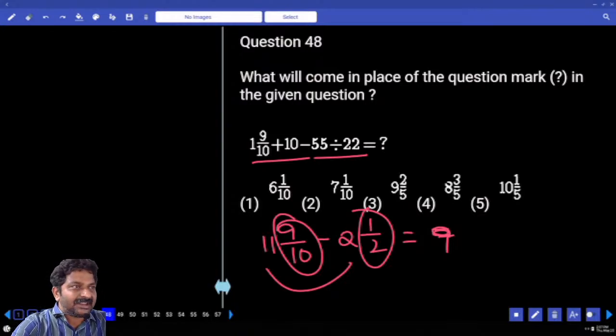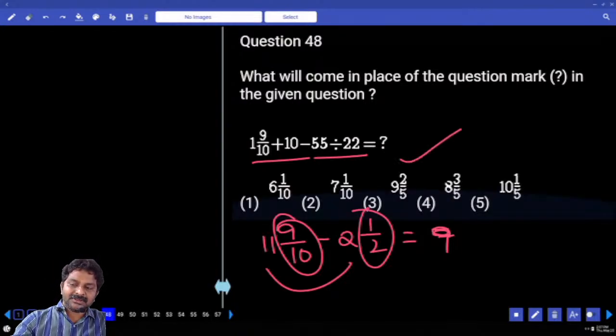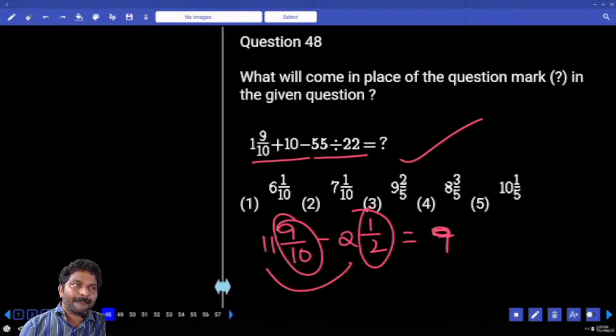That means you will get the answer in 9 something only. There is only one. Otherwise you treat 1 by 2 as 5 by 10. 9 by 10 minus 5 by 10, which is 4 by 10, which is 2 by 5.